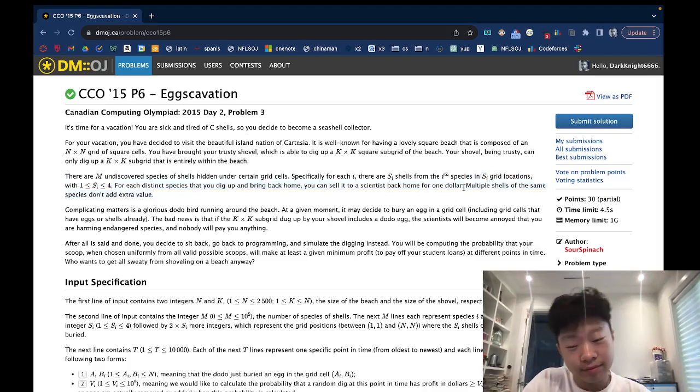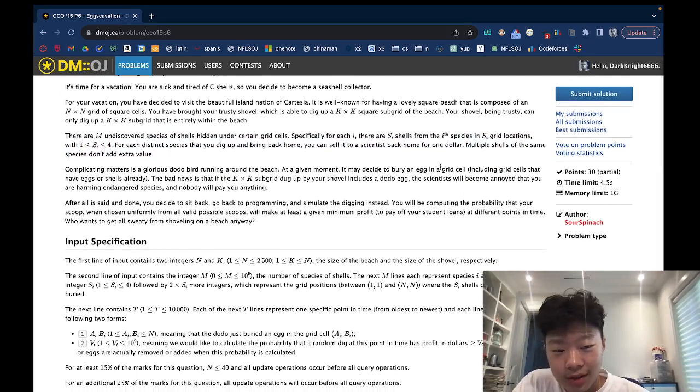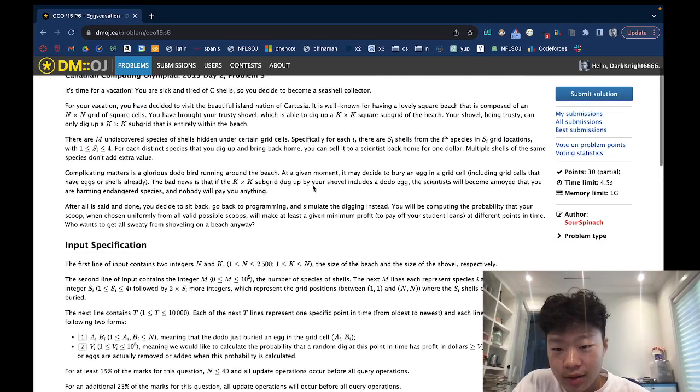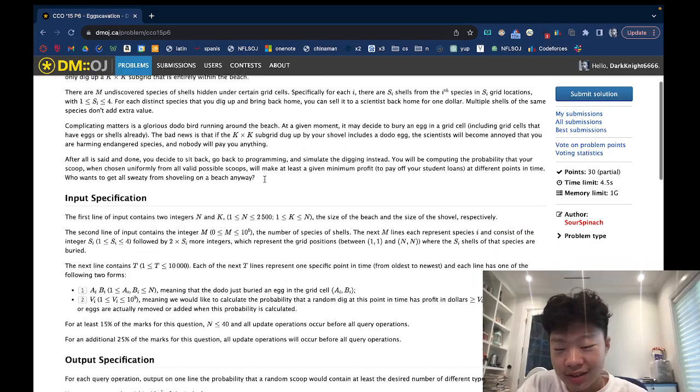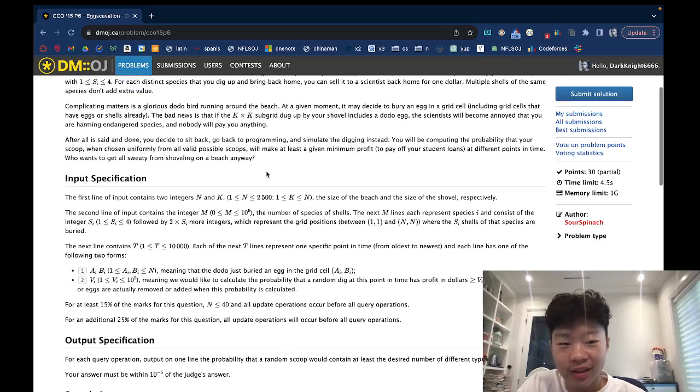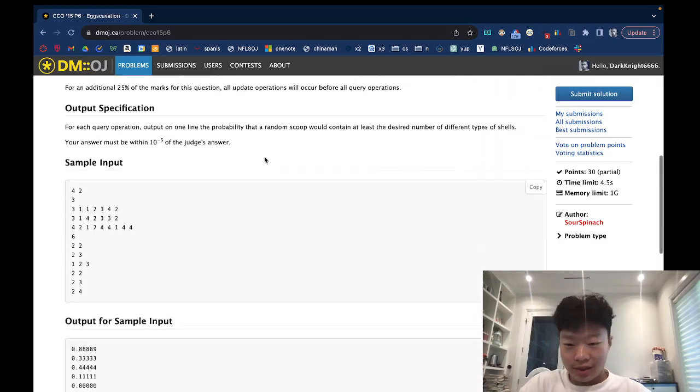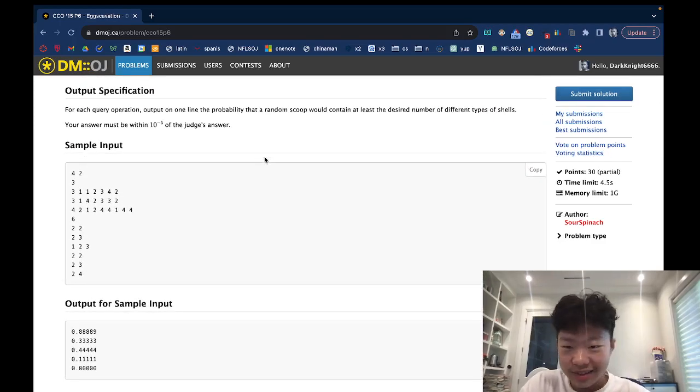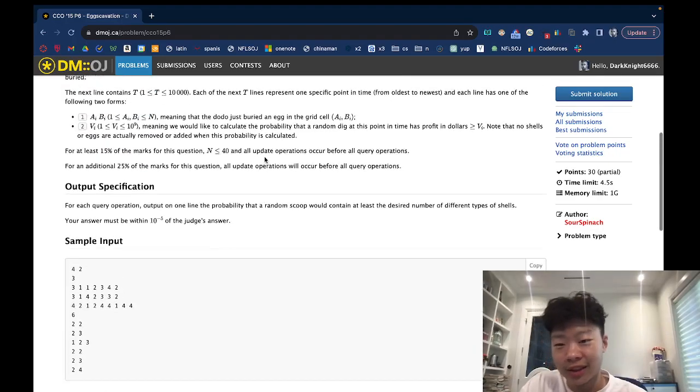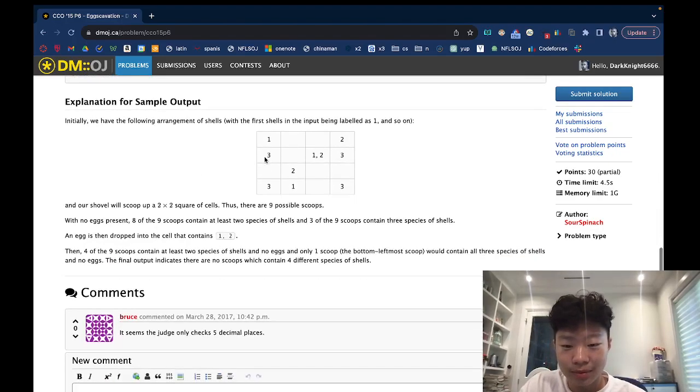That's interesting. Yeah. And then it's online queries with sometimes birds will put their stuff in there. So you're trying to get the maximum profit. The probability that you can get the minimum profit at different points in time.